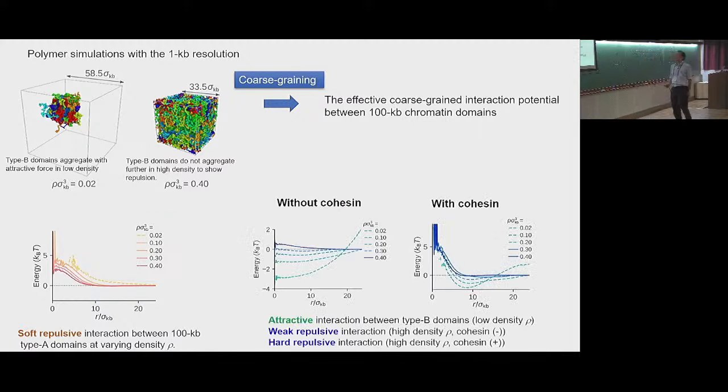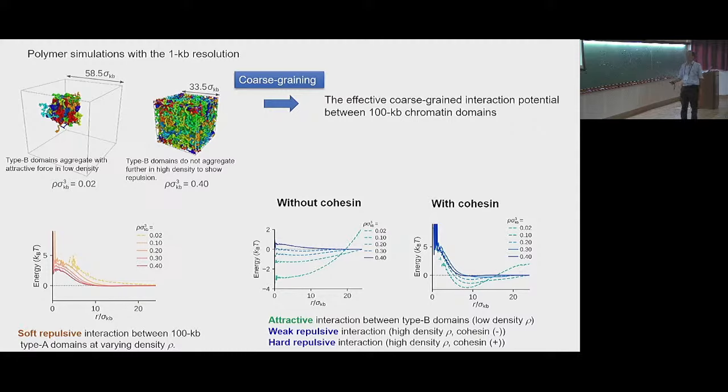But this is the case for the type B domains, without cohesion and with cohesion. Without cohesion and at low temperature, it shows an attractive potential. This is the distance between 200 kilobase chromatin domains. This shows attractive interaction between domains, a coarse-grained attractive interaction, when chromatin density is low, showing the aggregation like this.